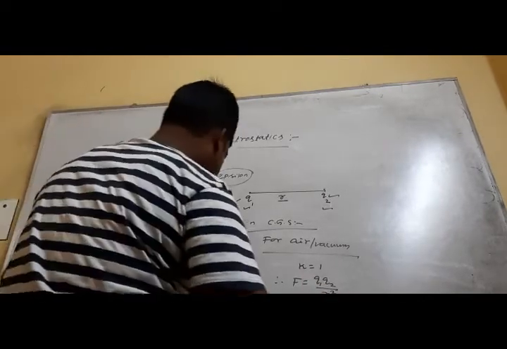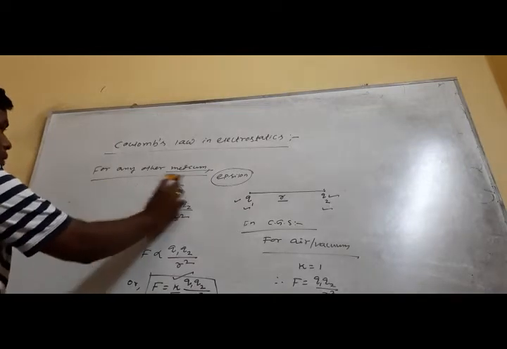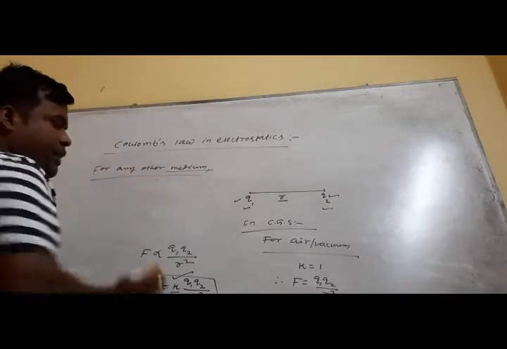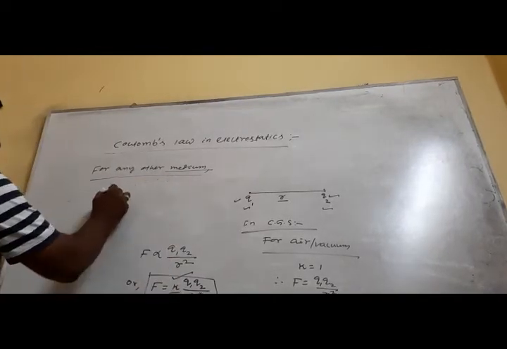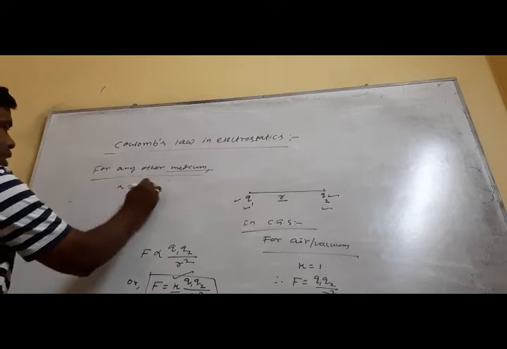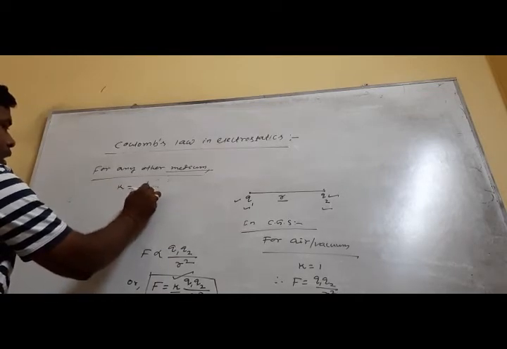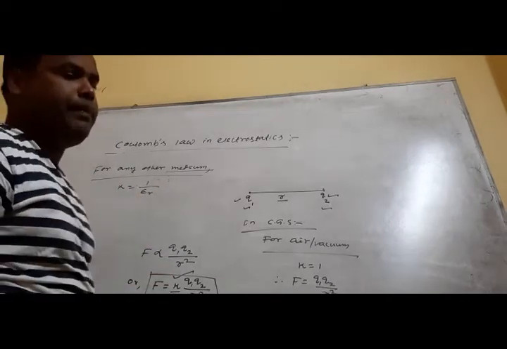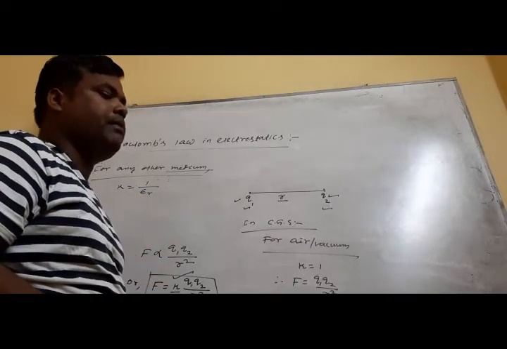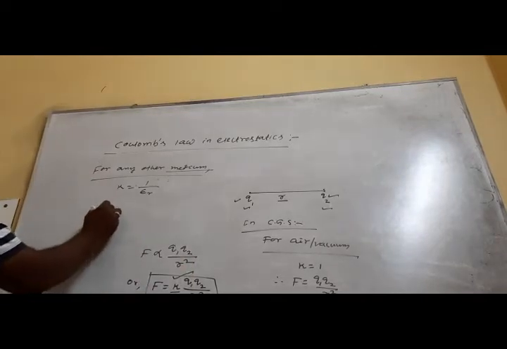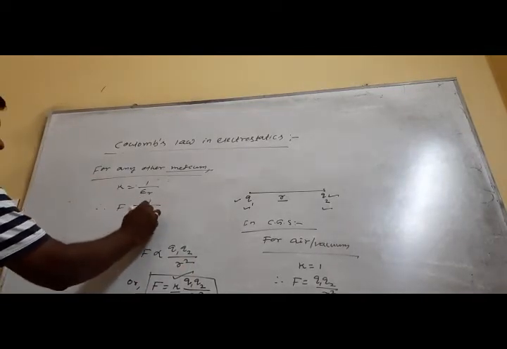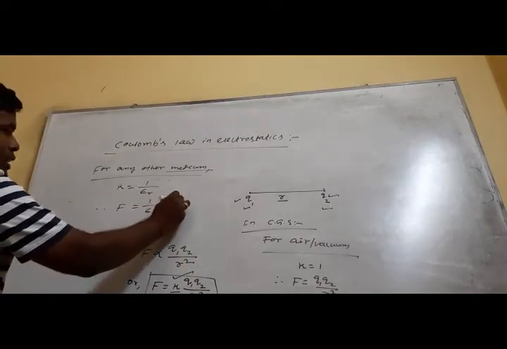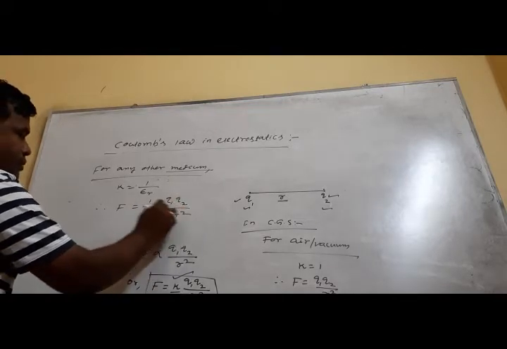And for any other medium, the small k is 1 by epsilon r. Epsilon r is the relative permittivity of the given medium. Therefore, F is equal to 1 by epsilon r Q1 Q2 by R square.